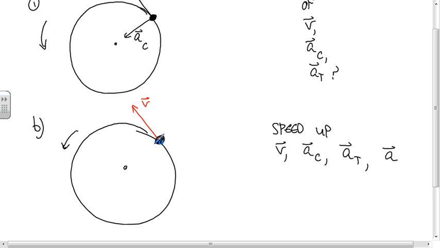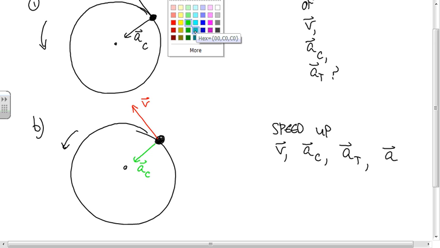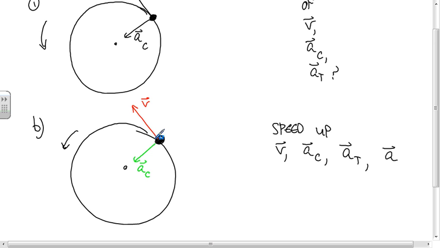Okay, that's insulting your intelligence. How about the tangential acceleration vector? Same as velocity because it's speeding up. And now, anybody have an idea about the total acceleration vector?